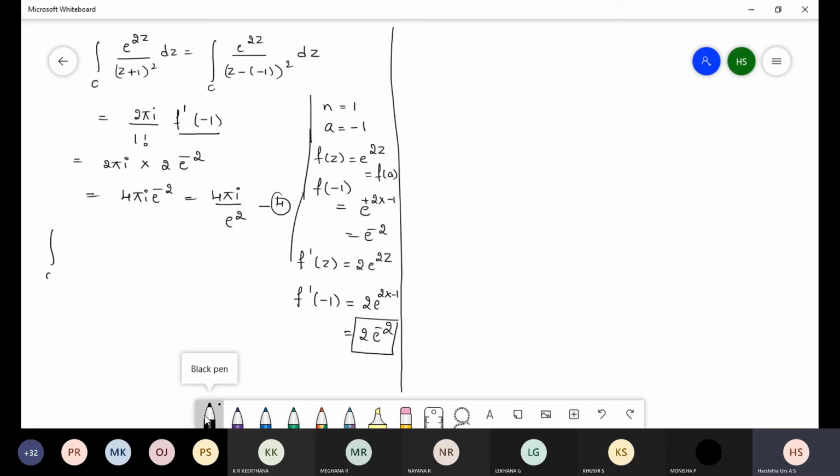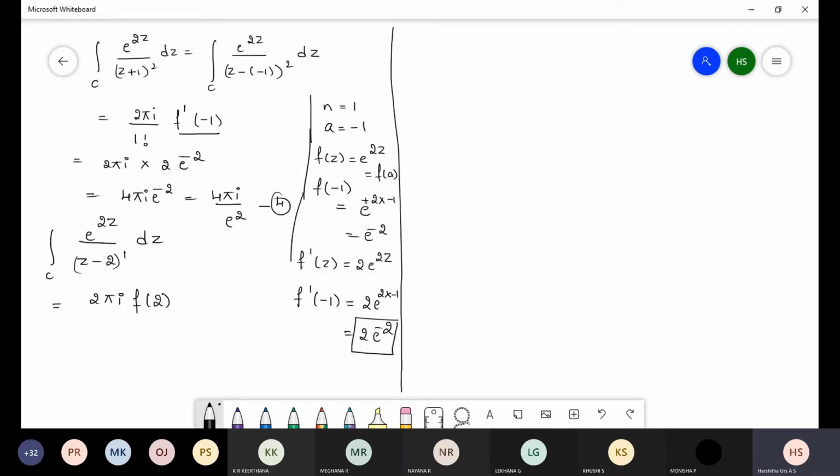Now let us see the last one: e power 2z divided by z minus 2 into dz. Here we can apply the Cauchy's integral formula because it is a power of 1. So 2 pi I into f of 2.